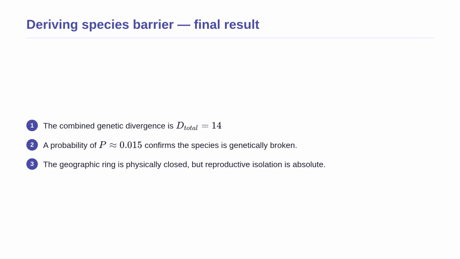The extremely low probability confirms reproductive isolation. The geographic ring is physically closed, but the biological species is broken. This completes the ring species phenomenon, proving how two separate evolutionary journeys create a brand new species barrier.